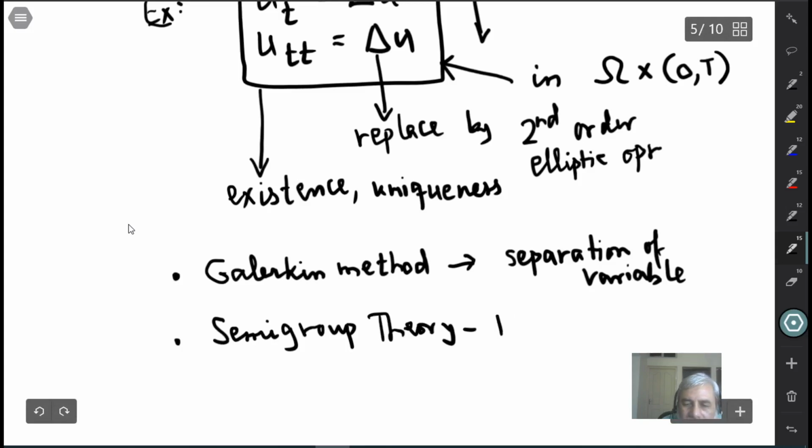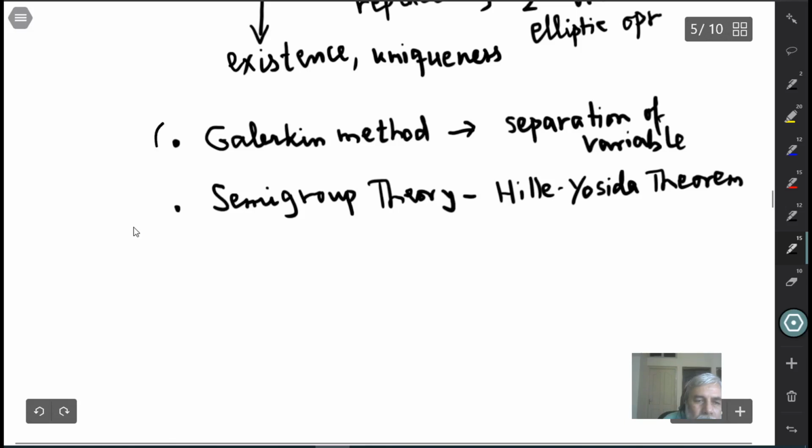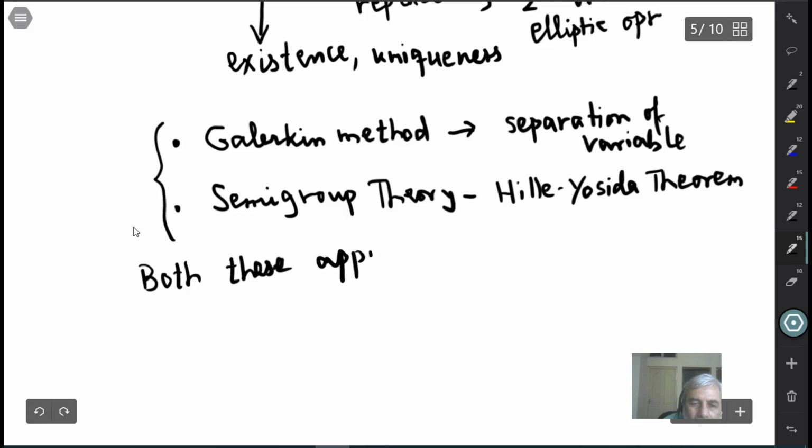So here essentially it is Hille-Yosida theory, and both these approaches make use of the spectral theory.